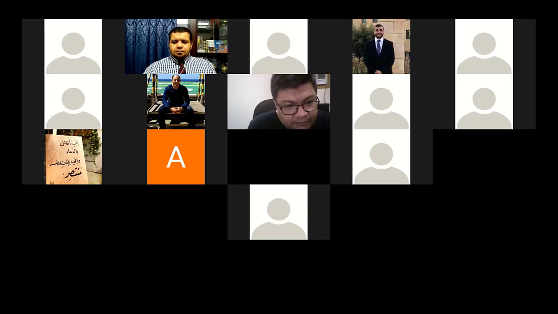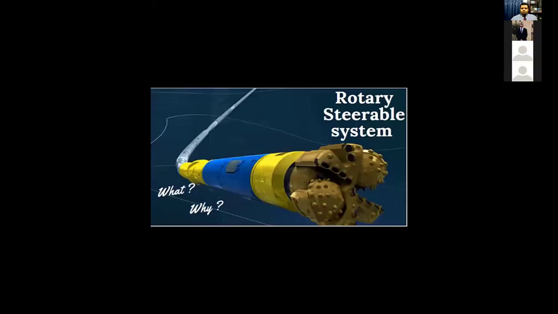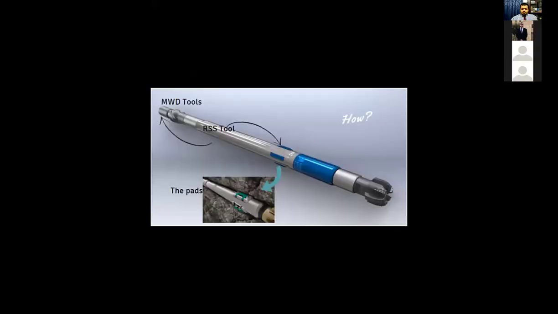When this flow arrives at the RSS tool, it will translate it and change the drilling parameters according to it. Now, how is it going to change them? As you see in the pictures in the slide, there is a little pad on the side. It will activate it and push the BHA in the desired direction with the desired steering ratio.